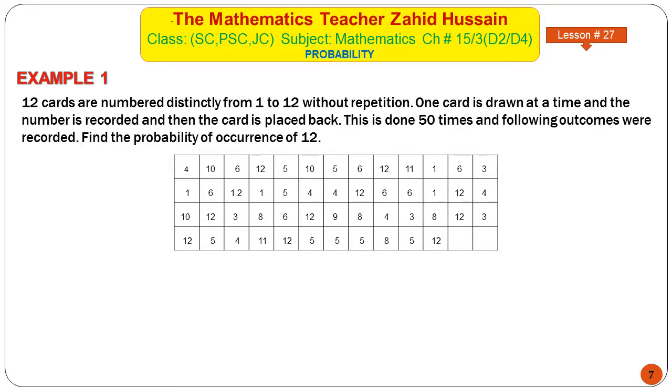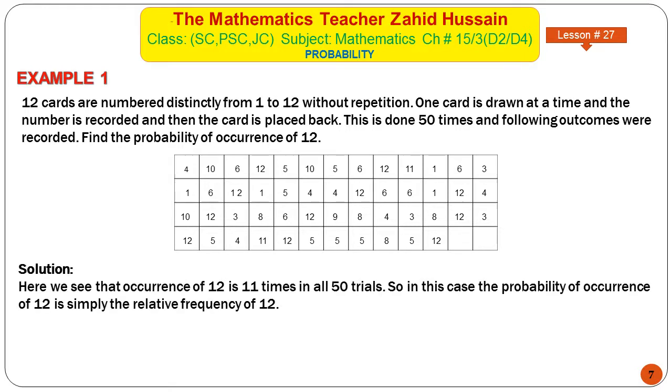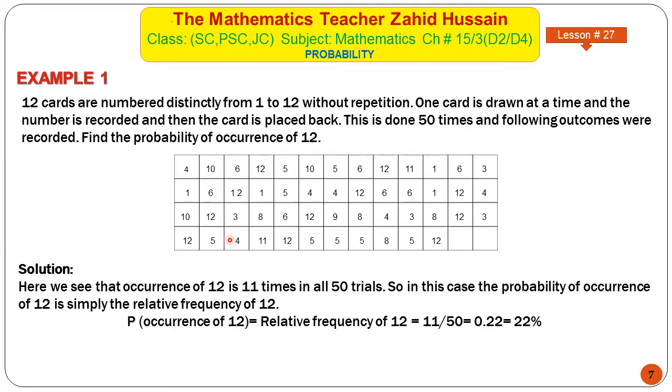So the relative frequency of 12 will be equal to 11 over 50, because 12 comes 11 times and the total number of trials is 50. So 11 over 50 in fraction form, 0.22 in decimal form, and 22% in percentage.